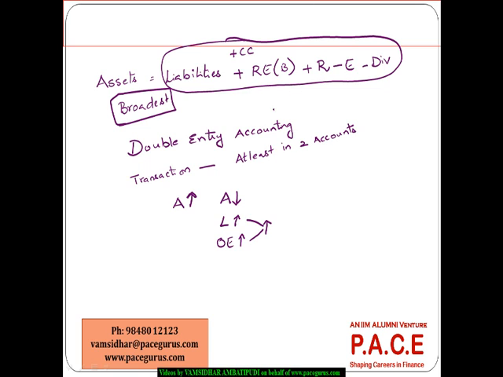That is the kind of entries we need to look at for every transaction that is made. Just for example, consider a transaction: buy a vehicle for 100,000 bucks, cash payment. What are the accounts that are getting affected?